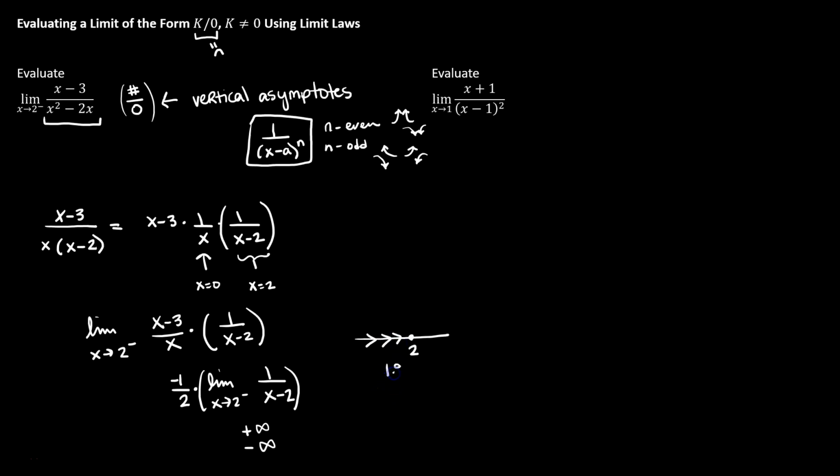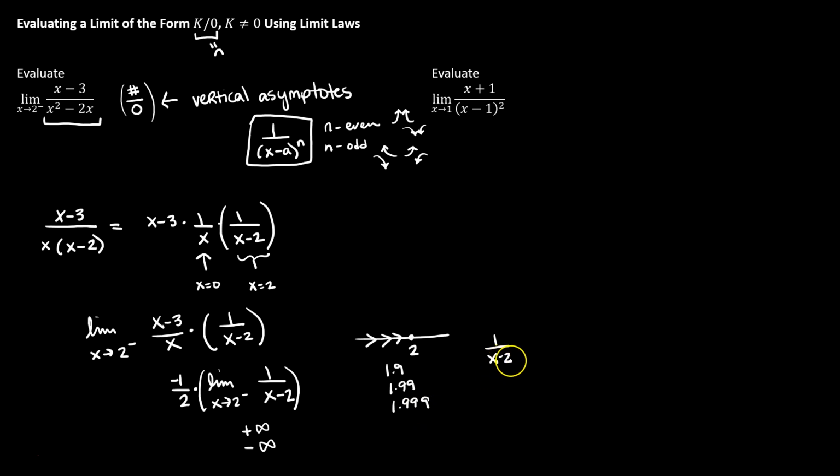like 1.9 or 1.99 or 1.999, for example. If I plug these numbers into my function, 1 over x minus 2, I'm going to get a negative in my denominator because all of the values that I'm using for this limit are smaller than 2.